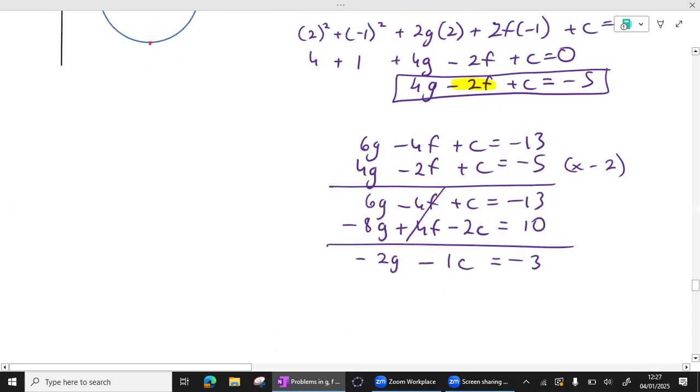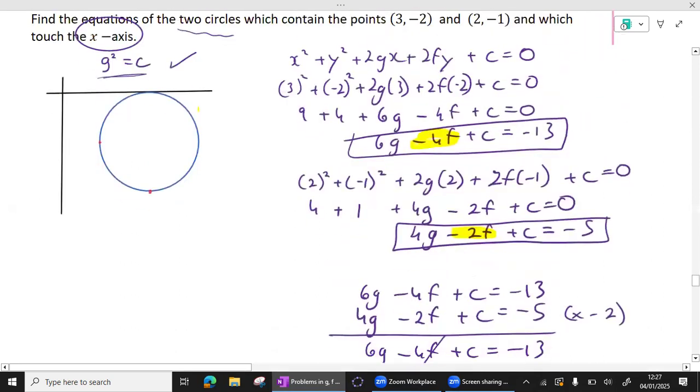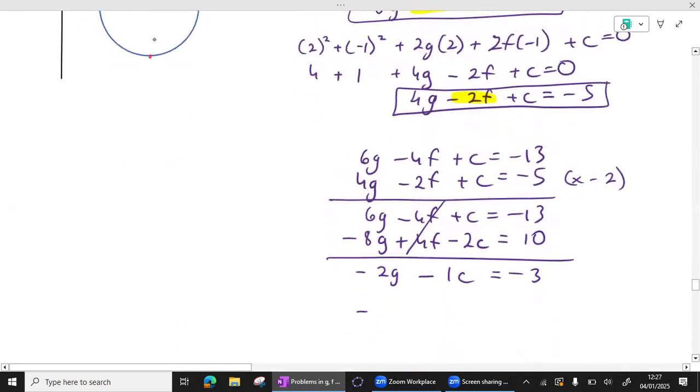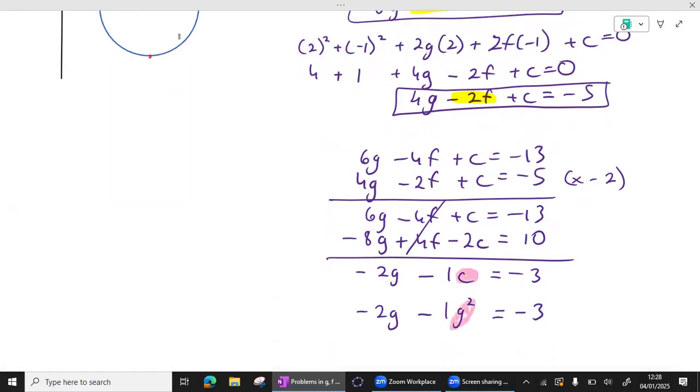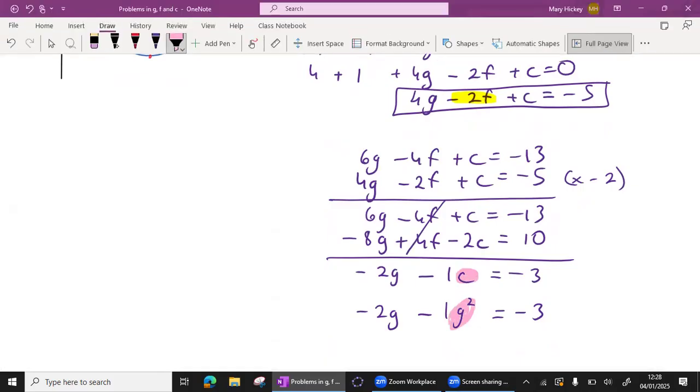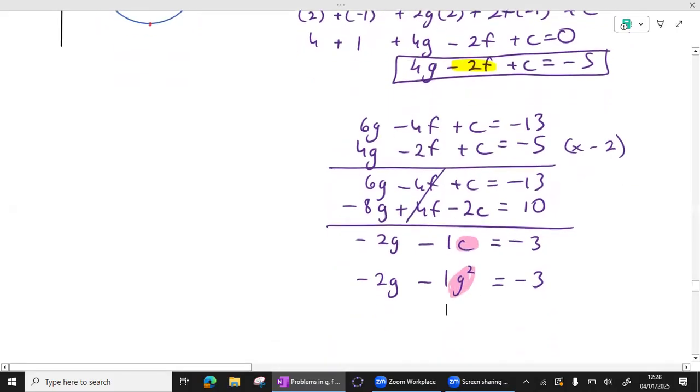Now, this is good news because I can now replace c with g squared. Now, remember I said to you I was expecting a quadratic because of the fact that it was two circles. So this explains how the quadratic has come into play. So we're happy about this situation. So I might put everything on the right just to get rid of the negatives there.